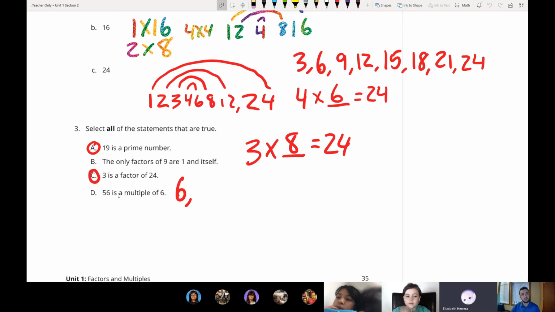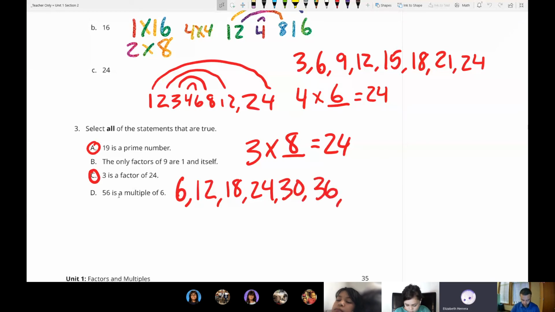So starting at 6, 12, 18, 24, 30, 36. Nice, getting closer. 42.